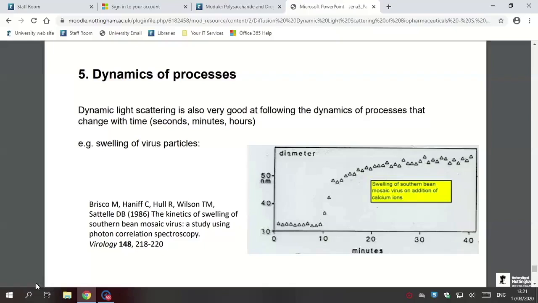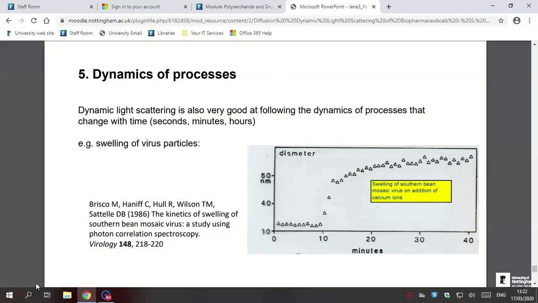So very popular. And again, as I said before, with modern instrumentation, the problems of dust contamination, whereas you should be as clean as you possibly can and ensuring that your samples are free of contamination. The software is very good at eliminating contributions from very large supramolecular particles.